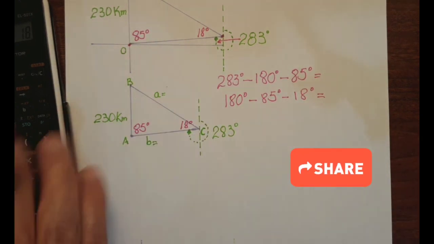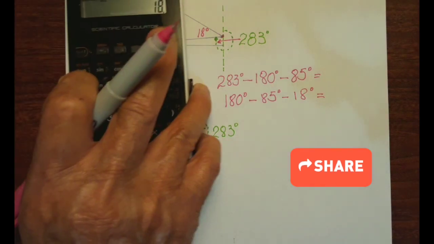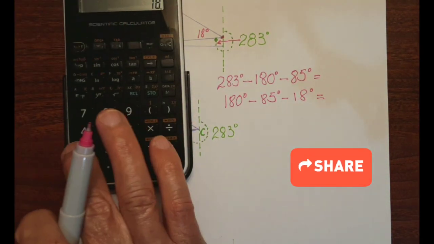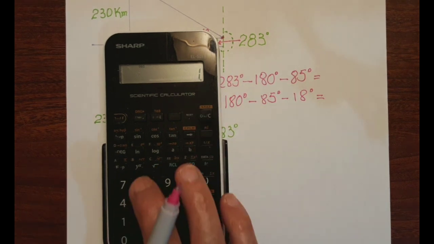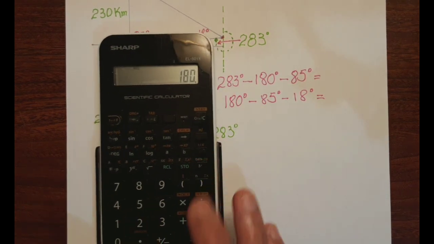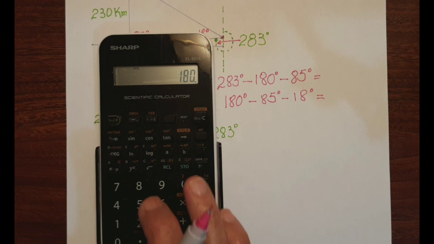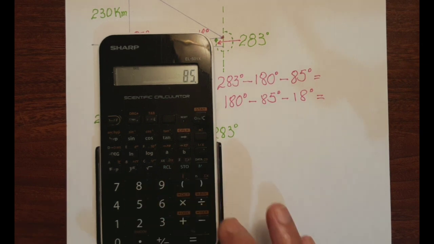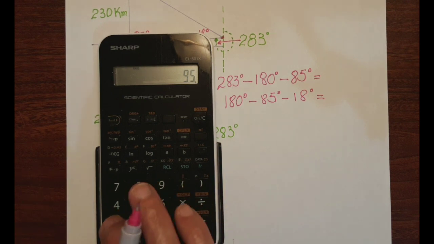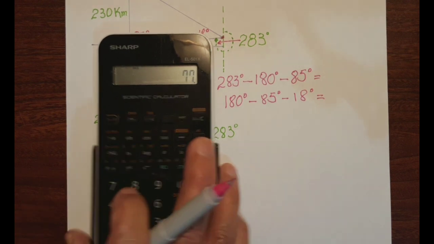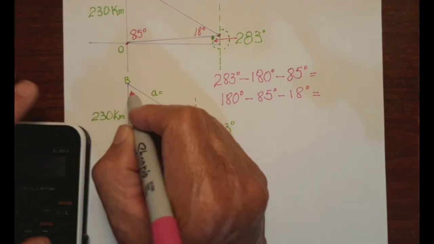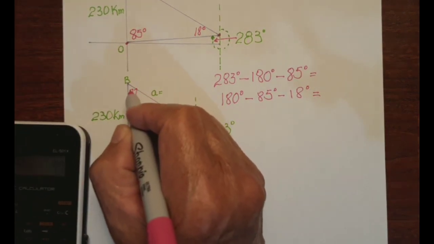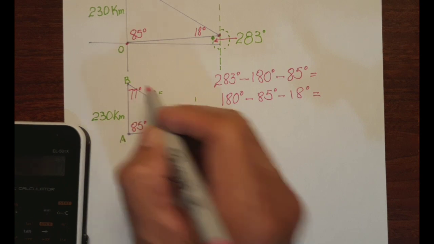Then we're gonna get this angle, okay? 180 minus 85 equals minus 18. And we get 77. This is 77 degrees. Okay?